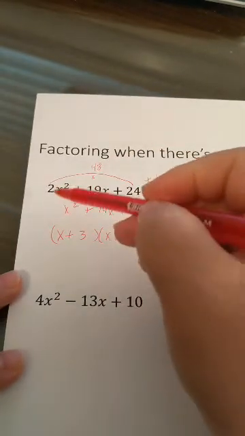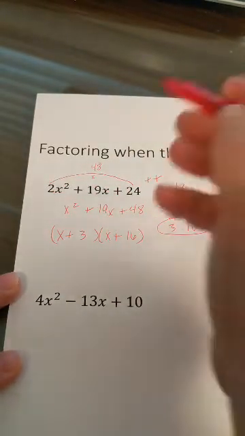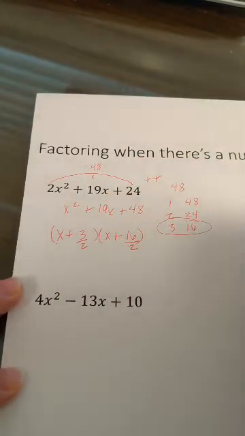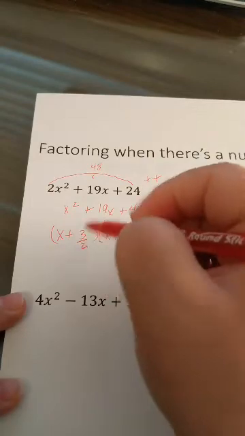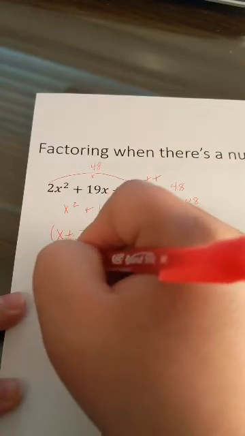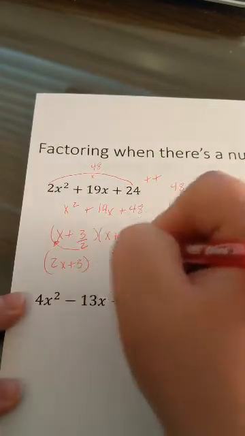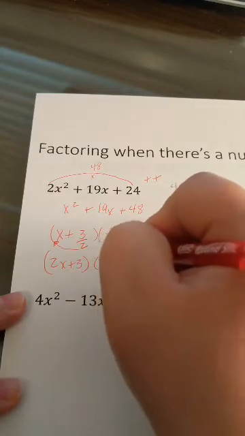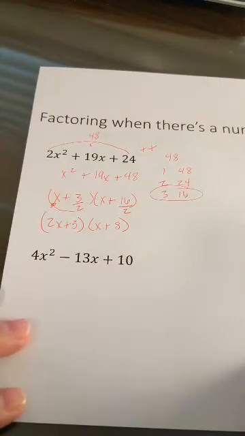But remember, because we multiply this over, we have to divide it back out. So this can't reduce. So remember, we talked about this. Has to go to the front. So we have 2x plus 3. And then this one reduces, so then it's just x plus 8. And there you have it.